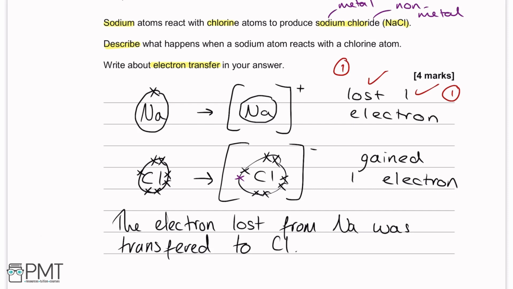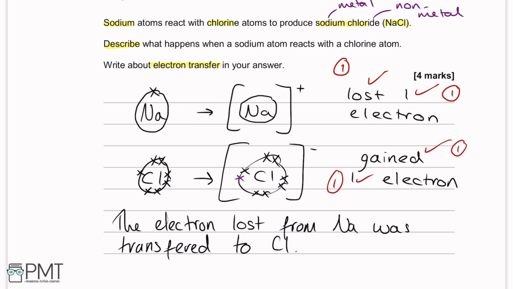Then our 3rd mark comes from talking about chlorine gaining 1 electron. So again, you get 1 mark for talking about the gaining of an electron, and that 4th mark comes from specifying that it's going to be 1 electron that it's going to gain.